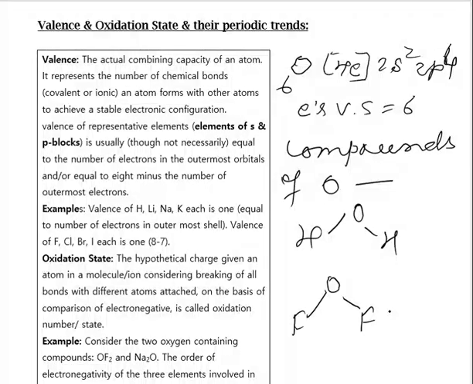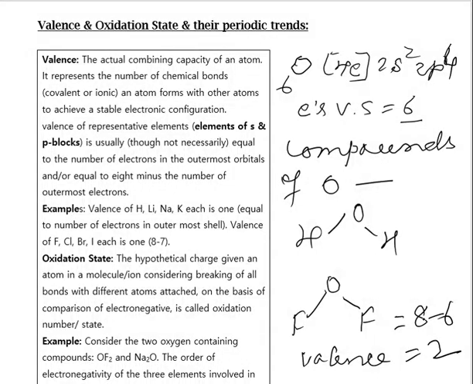And in most of the cases you will find each oxygen shows only 2 valence. So the valence of oxygen is 2. Then in the case of oxygen, the valence is not equal to the number of electrons in the valence shell. Valence is equal to 8 minus 6, that is 2.